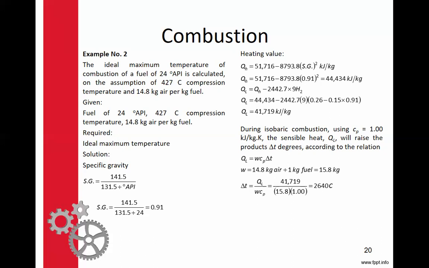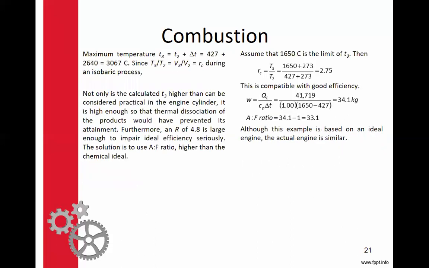So delta T is equal to QL over W CP, is equal to 41,719 over 15.8 over 1.0, is 2,640 C. Ang taas. So the maximum temperature is equal to T3, which is T2 plus delta T, or 427 plus 2640 is 3,067 C.